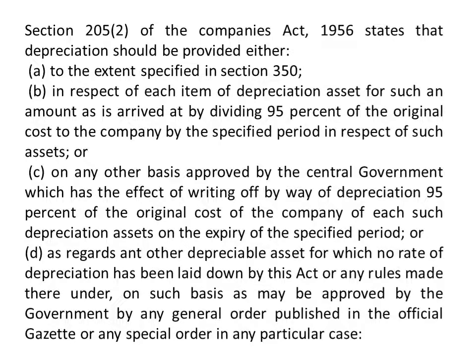So, Section 205 subsection 2 of the Companies Act states that depreciation should be provided either to the extent specified in Section 350, or in respect of each item of depreciable asset for such an amount as is arrived at by dividing 95% of the original cost of the asset by the specified period in respect of such asset, or on any other basis approved by the Central Government, which has the effect of writing off by way of depreciation 95% of the original cost of each depreciable asset on the expiry of the specified period.